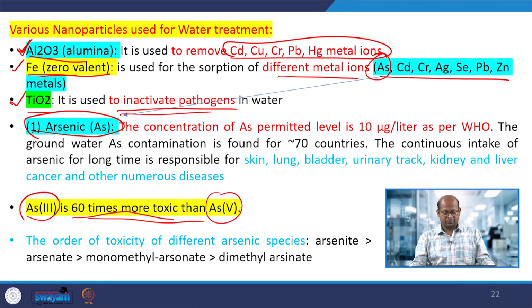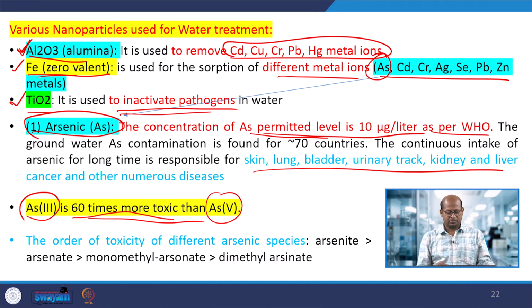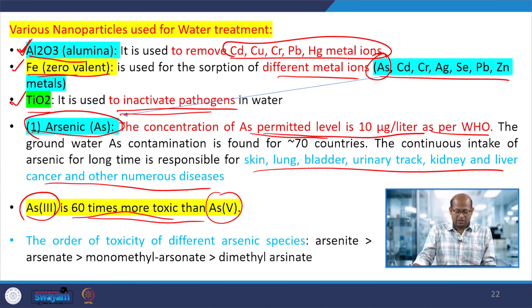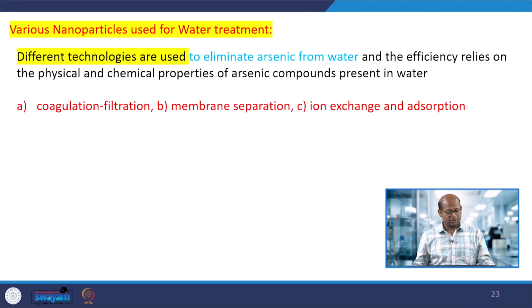If we want to separate arsenic out, it has a permitted limit of 10 micrograms per liter as per WHO. If it is more than that, there are many problems, which may appear in the form of disease. Therefore, we can separate arsenic out by using nanomaterials.